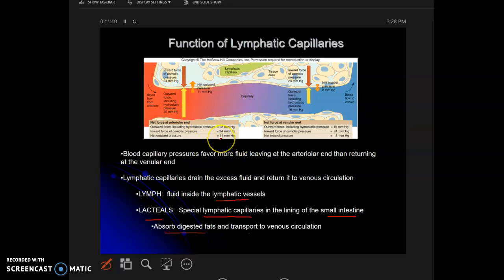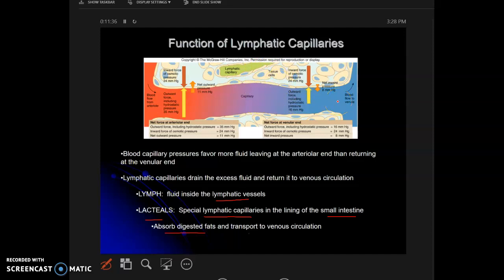Under no circumstances are you supposed to memorize this number, but know that as the blood is entering the capillaries, there's a higher pressure at this end, because of which the blood is squeezed out. Not all of it. RBC and large proteins do not squeeze out, but most of the blood drains out and bathes the tissues, and it is called tissue fluid.